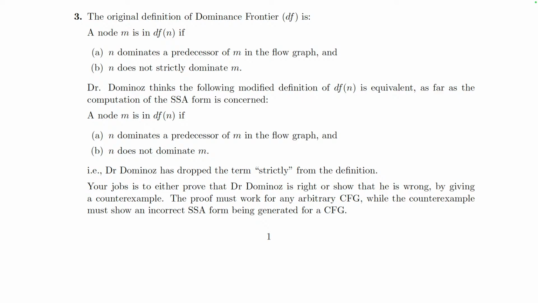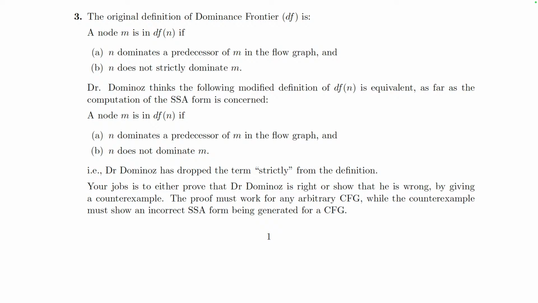Let's say we have node 1, node 2, and you don't really need node 3, but visually it is appealing. The dominance frontier of node 2 will differ if you use these two different definitions, because 2 does dominate 2, but 2 does not strictly dominate 2.